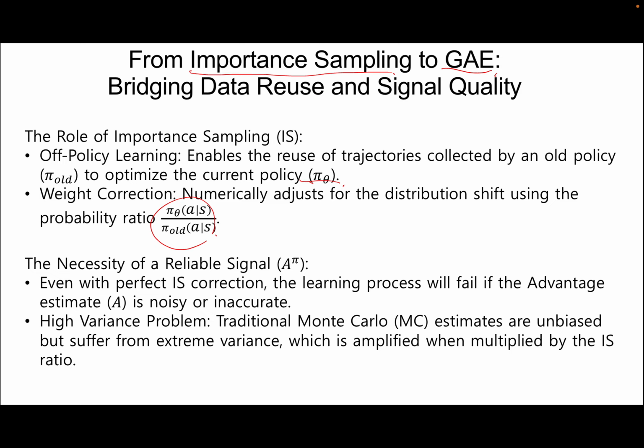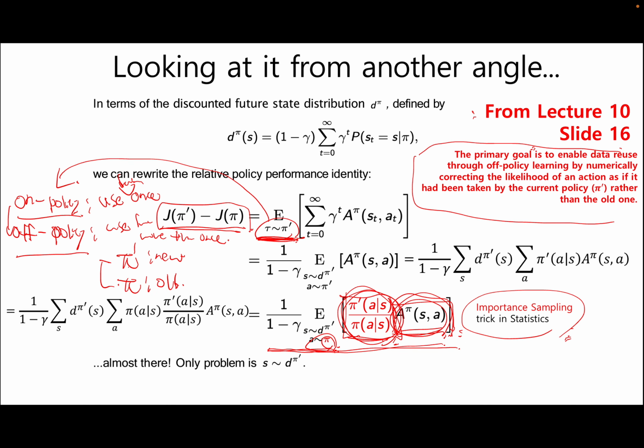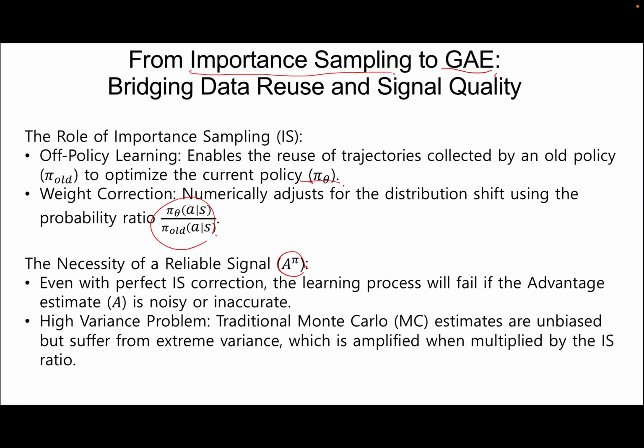But here we need a reliable signal, A, the advantage. Even with perfect IS correction, the learning process will fail if the advantage estimate is noisy or inaccurate. Traditional Monte Carlo estimates are unbiased but suffer from extreme variance, which is amplified by the IS ratio. We learned that Monte Carlo has low bias but high variance, as we always use true reward from stochastically sampled actions from the policy function.